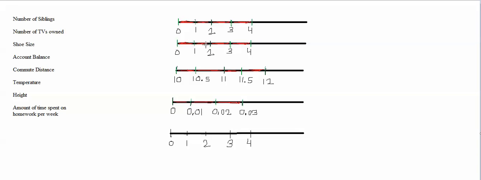For example, a person could have a commute distance of 0.45 or 0.5 or 0.6. A person could have a commute distance of 1.1 or 1.2.